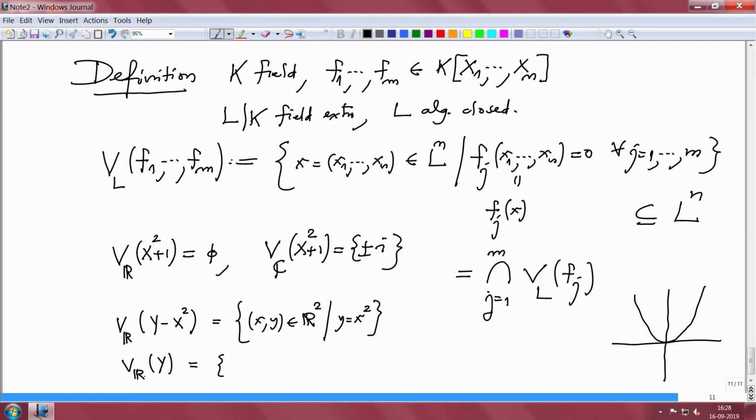This is y is 0, so it is the x axis. This is all those tuples x comma 0 as x varies in real numbers, because y is 0. So, if I want to draw the picture together with this, it is this one.